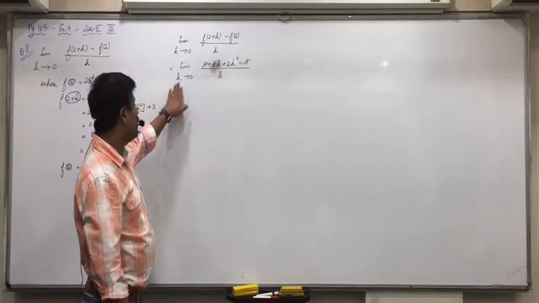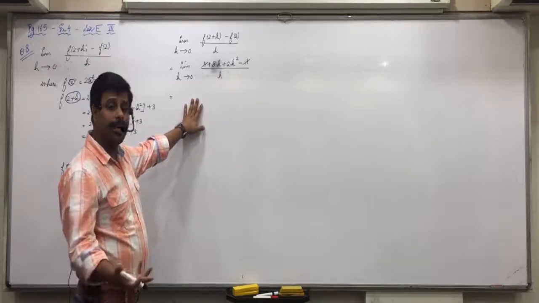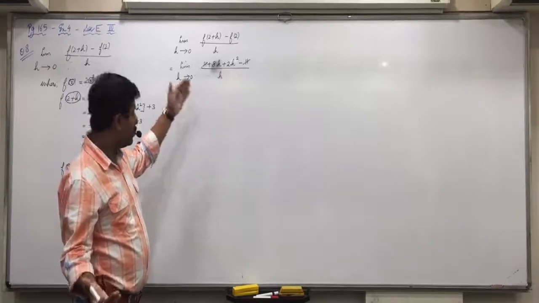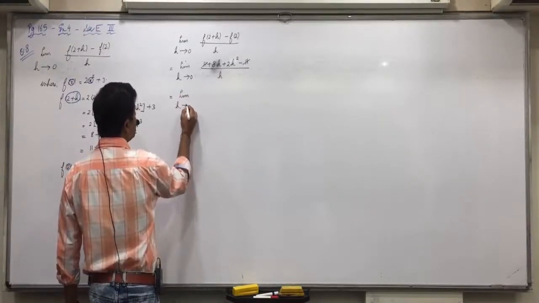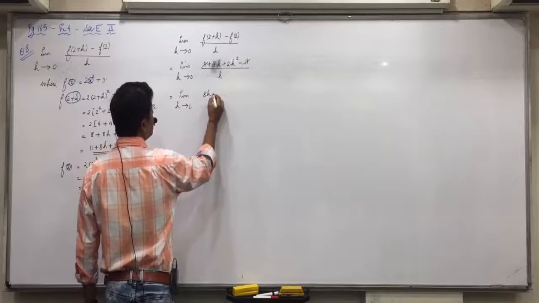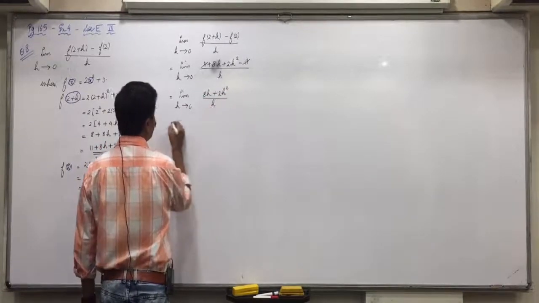One more thing, if h tends to 0, then what will be one of the factors? h minus 0 means h itself, so that will get it here. Limit h tends to 0, (8h plus 2h square) upon h.